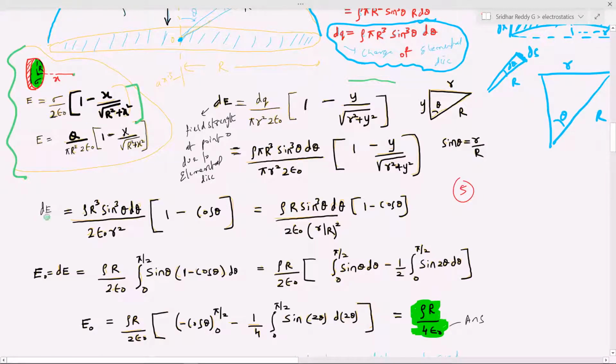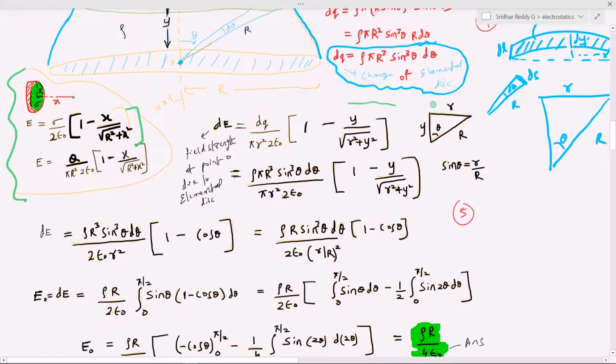After this, dE is equal to rho, and these pi will cancel out. Check it. R cube sine cube theta d theta by 2 epsilon naught R square. Keep it here. What is 1 minus y by under root of r square plus y square? Can we write it as cos theta?